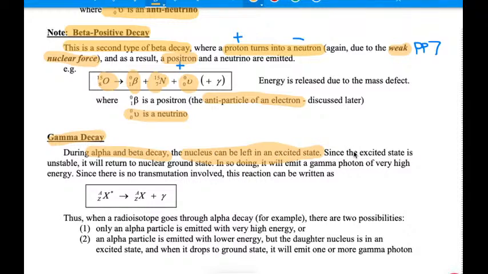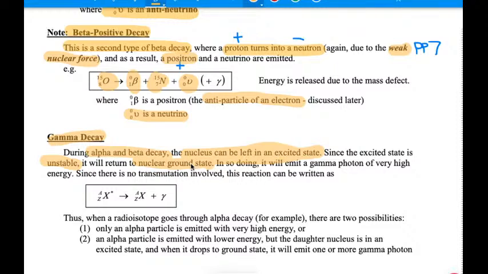So the excited state of the nucleus is unstable. It wants to return to its ground state, just like high energy electrons that have recently absorbed a photon are going to want to return to the ground state, thinking back to our hydrogen electron orbitals from the end of Unit 5. Something similar is happening with the nucleus here.